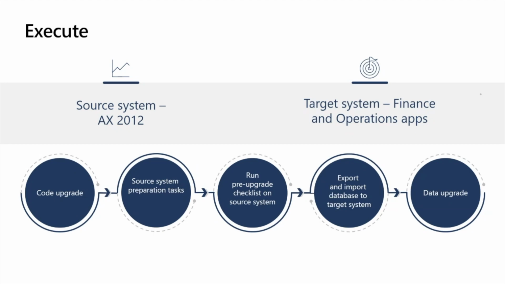So always keep in mind that your source system is AX2012 and the target system is Finance and Operations apps. In this whole activity, the main steps are: complete the code upgrade activity at the target end, source system preparation tasks for data upgrade activity, run the pre-upgrade checklist on the source system for data upgrade, export and import the database to the target system, and then execute the data upgrade.